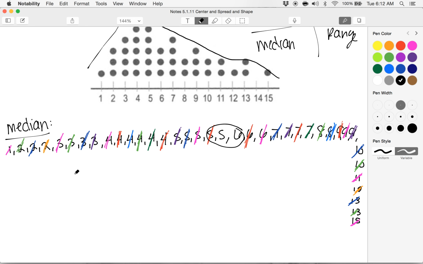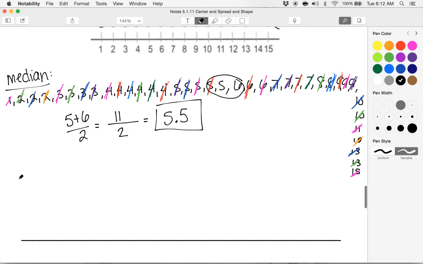So when we have 2 middle numbers, we have to add them and divide by 2. We're technically finding the mean of those 2 numbers. So 5 plus 6 gives me 11 divided by 2, which is going to give us 5 and 5 tenths. Your median is 5 and 5 tenths.